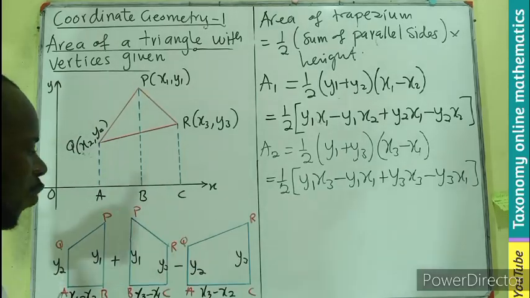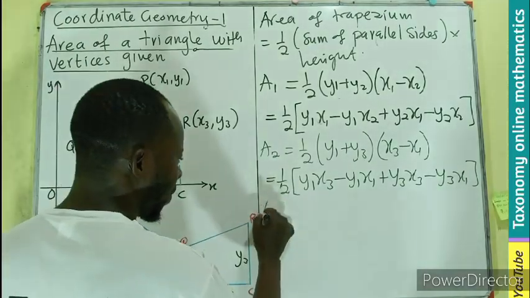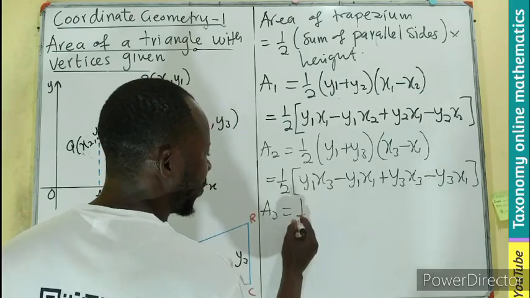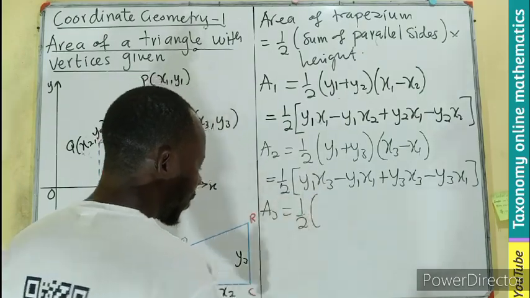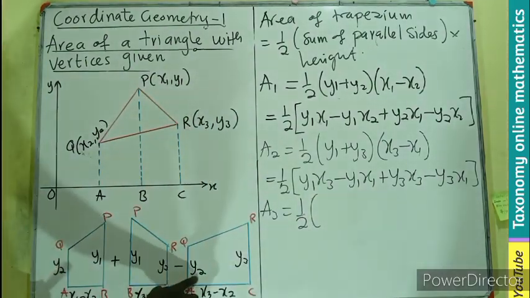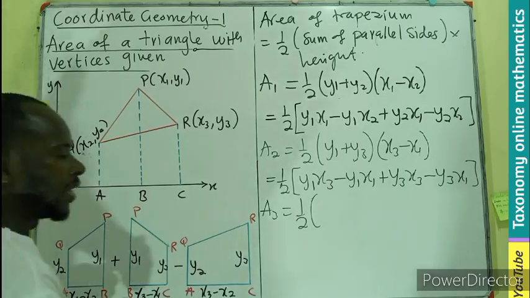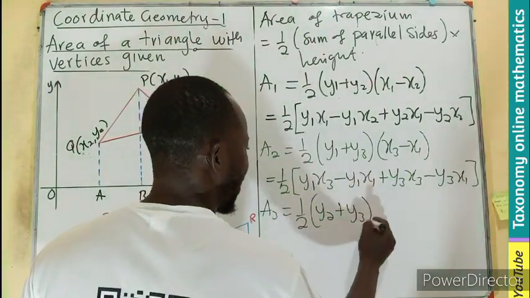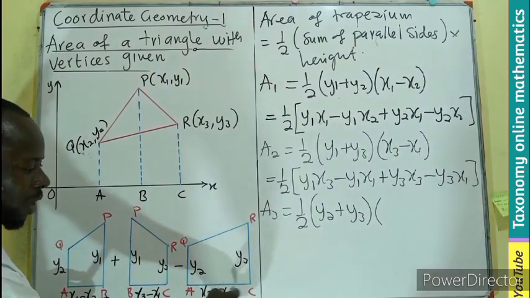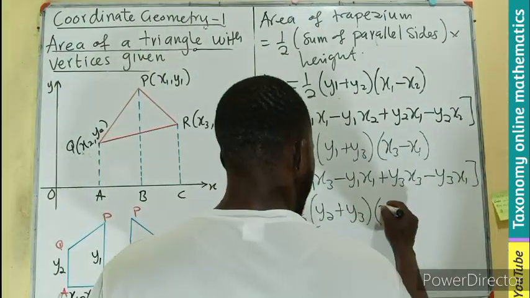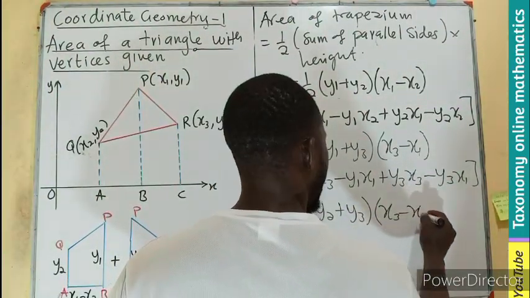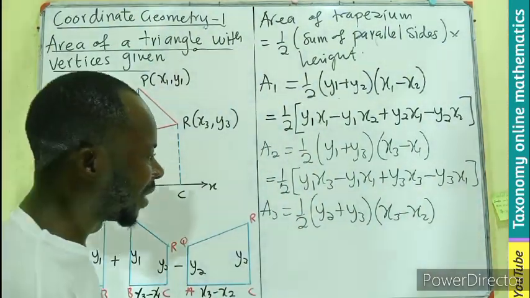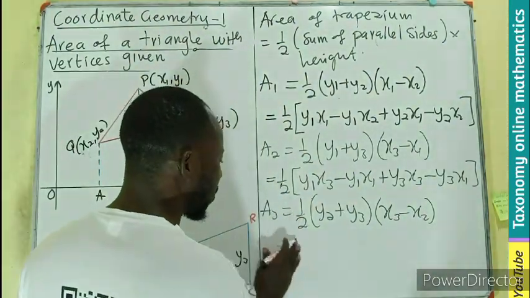So let's go for the third one, which will be area 3. This will still be half, right? What is the sum? y2, y3. y2 plus y3 times the perpendicular height, which will be our x3 minus x2. Let's expand the terms in the bracket.